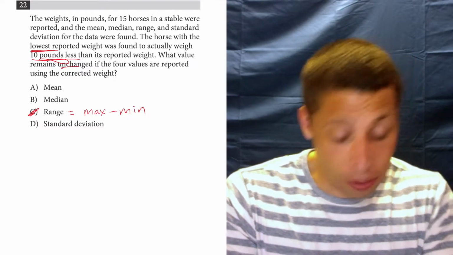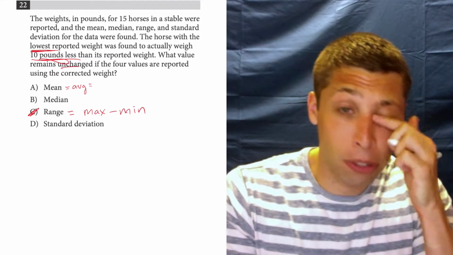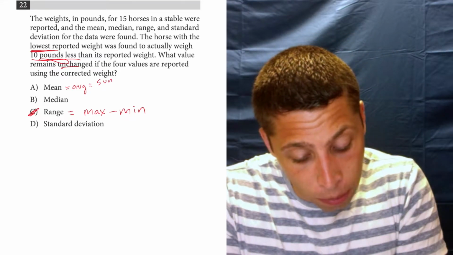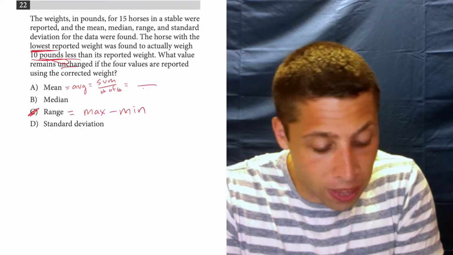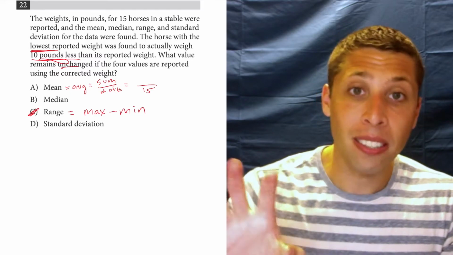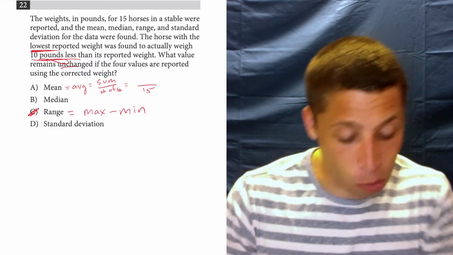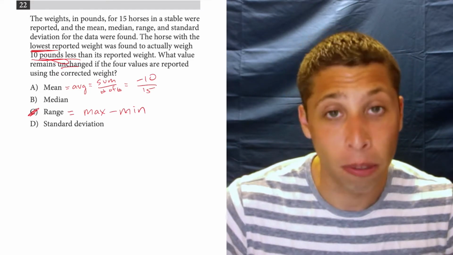The mean, remember, is the average. And how do we find the average? We sum up all the numbers and we divide it by the number of numbers that there are. Well, we know that that number isn't going to change. 15 horses isn't going to change. But the sum of the numbers is going to change because we're about to subtract 10 from whatever we had before, right?